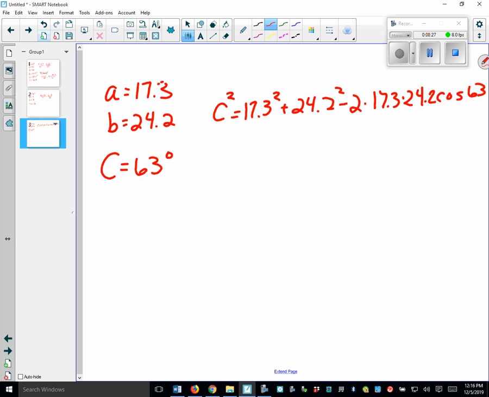Anybody agree or disagree? Yeah, C is 22.5.